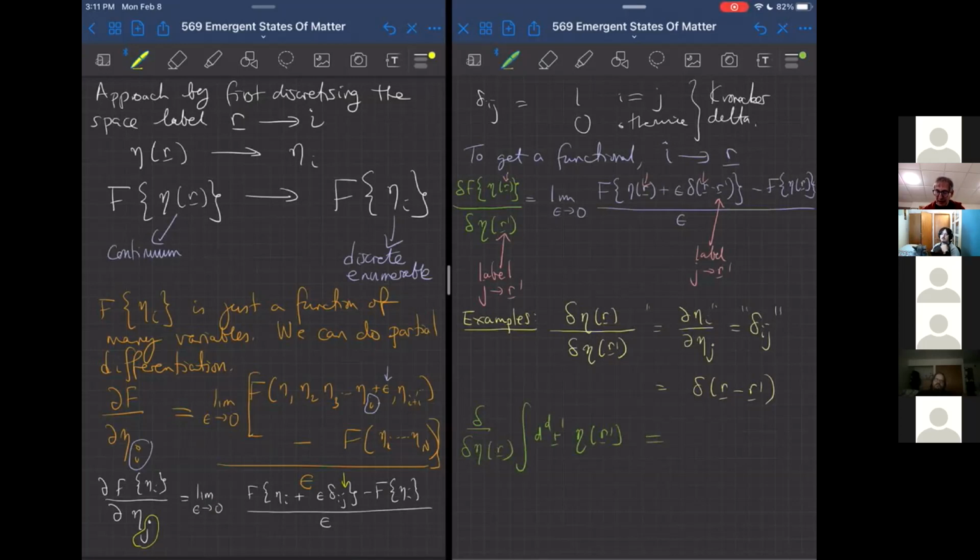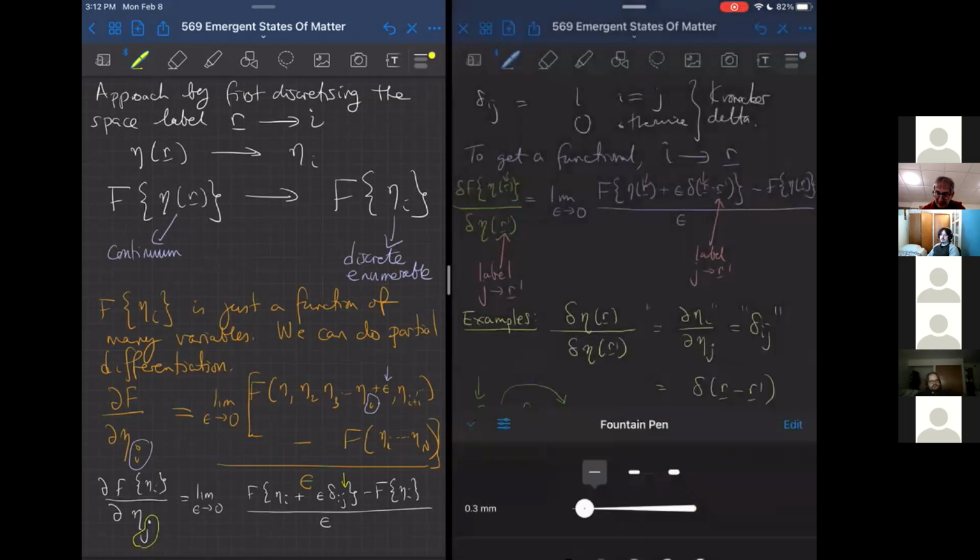One way I could do this is to take this differentiation and bring it inside this integral over all of space. I'd have this derivative operator acting on eta of r prime, which we already saw is a delta function. The integral of a delta function is just 1. So you know that that's just going to equal 1. Okay, so you should check that.